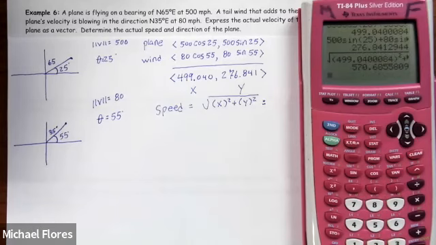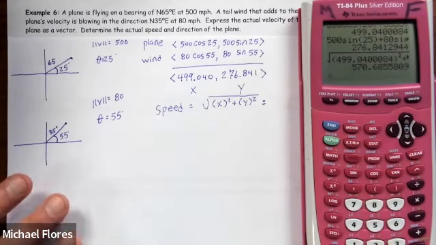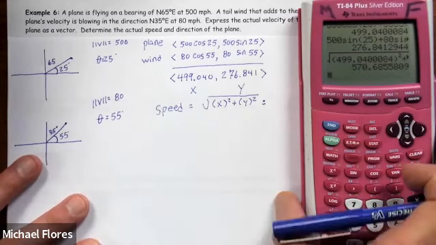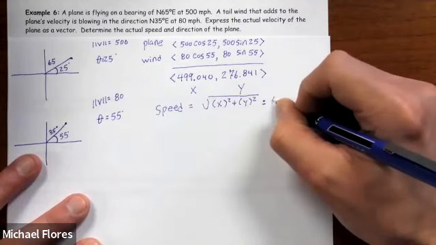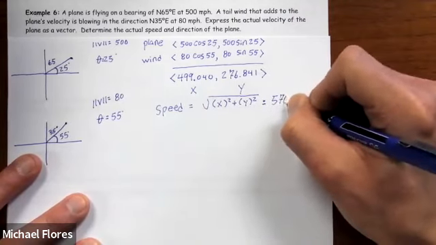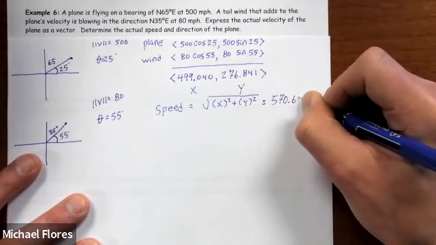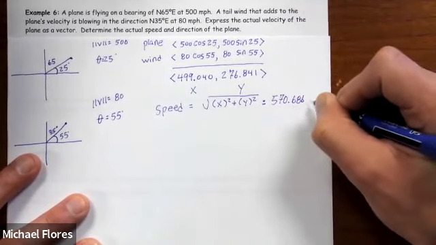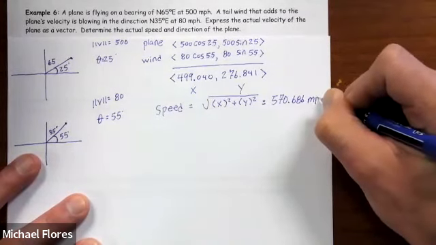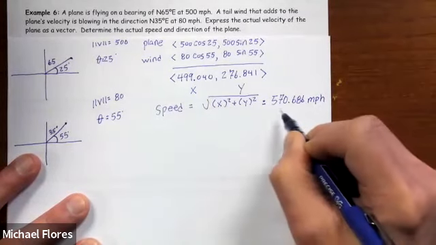That is the speed's velocity. The airplane's velocity, 570.686 miles per hour. So there's answer 1.